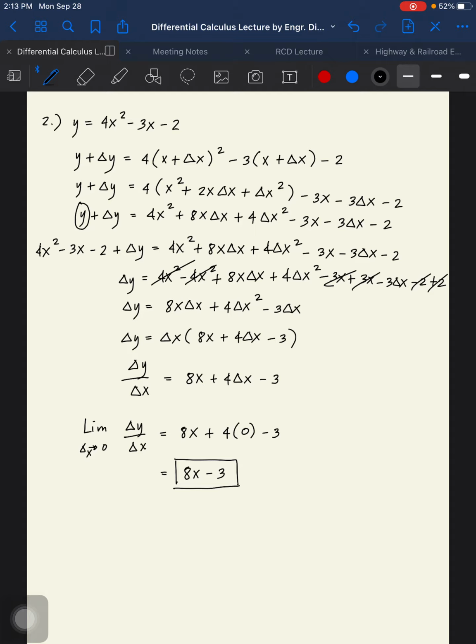Now how about for example number 3, which looks a bit complicated. So y is equal to 2 minus 3x minus 1 over x. So here involves a fraction.